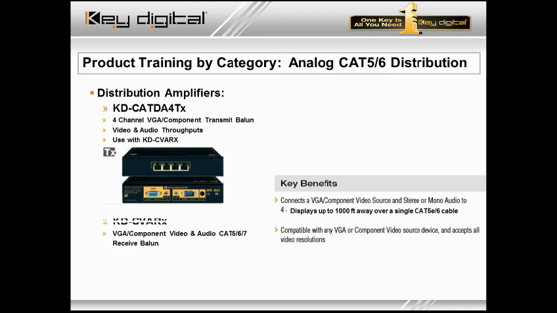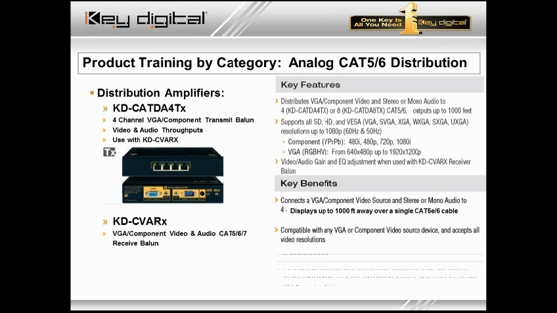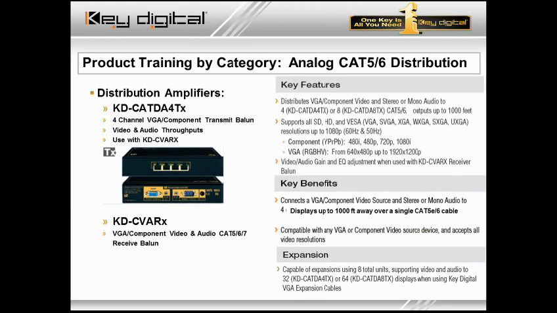Key Digital has an amazing distribution amplifier that really takes advantage of the most common media found today, again, category cabling. That is Cat 5, Cat 5E, Cat 6 cabling can be utilized with our KD-CatDA4TX.